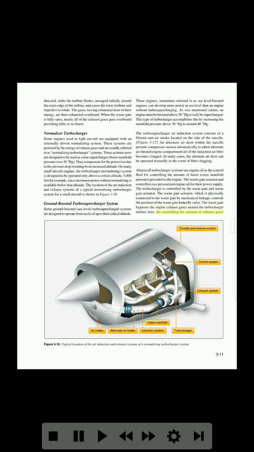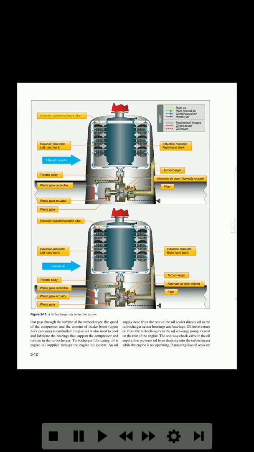Throttle and mixture control, control system, exhaust system, intake manifold, air intake, alternate air intake, turbocharger, induction system. Figure 3-16. Typical location of the air induction and exhaust systems of a normalizing turbocharger system. Induction system balance tube. Code: ram air, ram filtered air, compressed air, heated air, mechanical linkage, oil pressure, oil return.